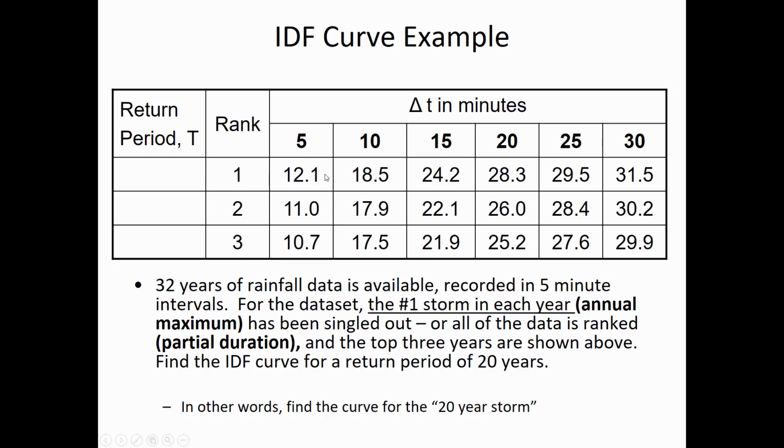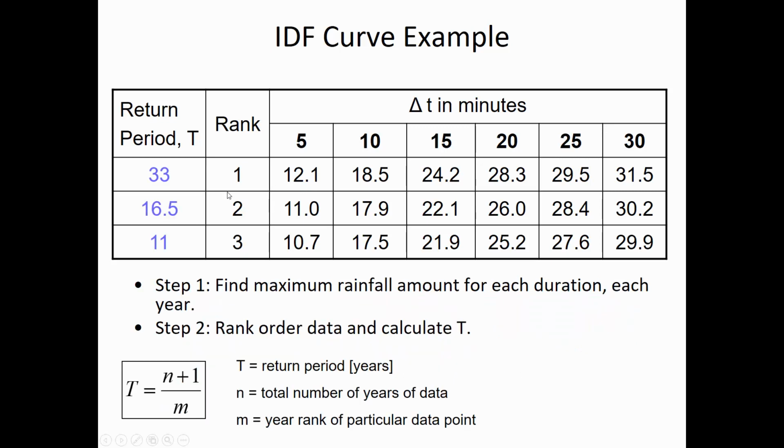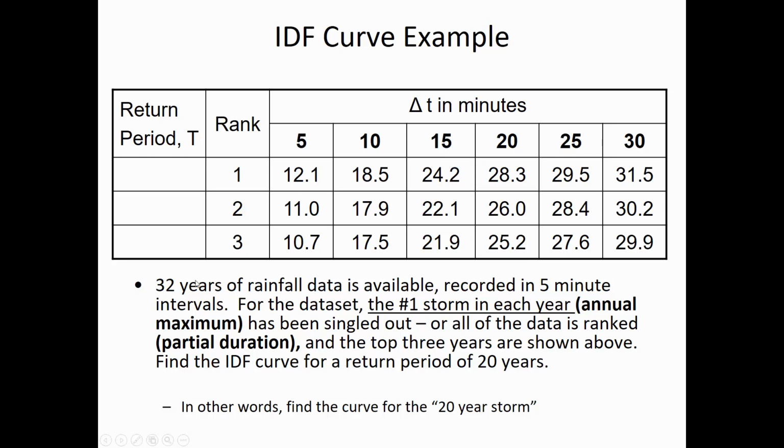And so at the top of the list, there was this observation where in 5 minutes there was 12.1, and that would be a lot of inches for 5 minutes. That might be millimeters. In second place, 11. So to calculate the return period, what you'd say is if we had a total of 32 years worth of data that this came from, and so not shown is 4 through 32.